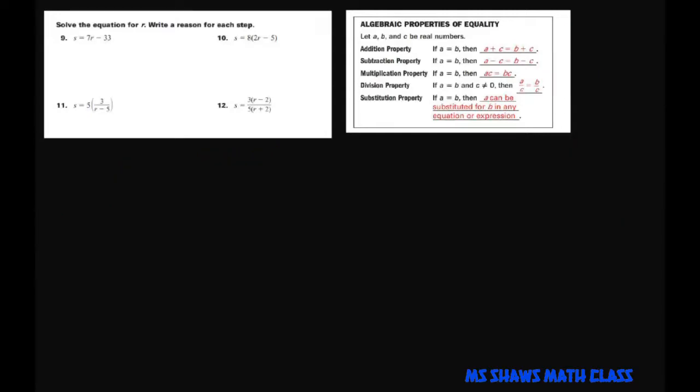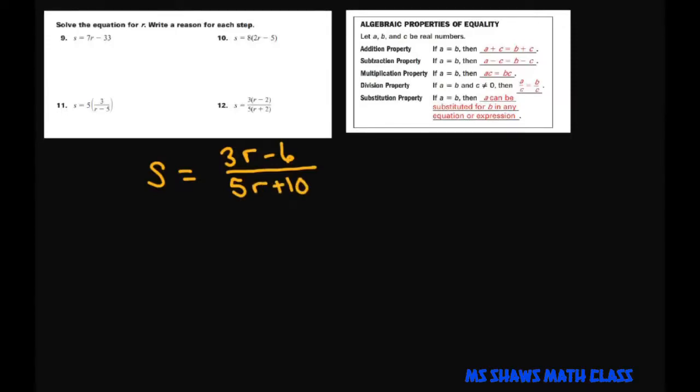And the last one is this one. So we have S equals, I'm going to go ahead and distribute this, 3R minus 6 divided by 5R plus 10.